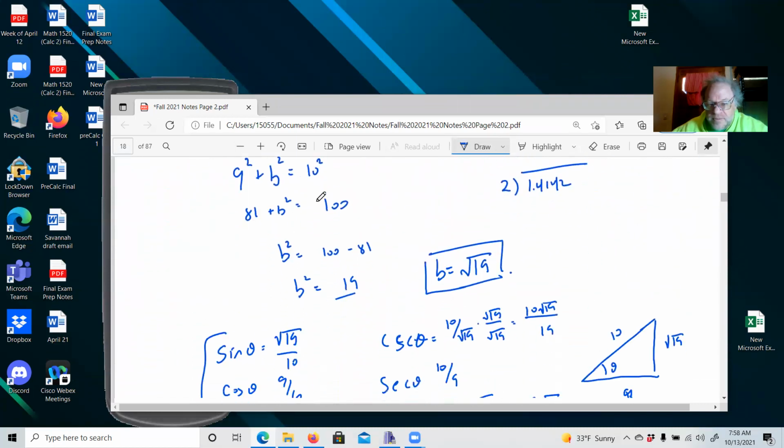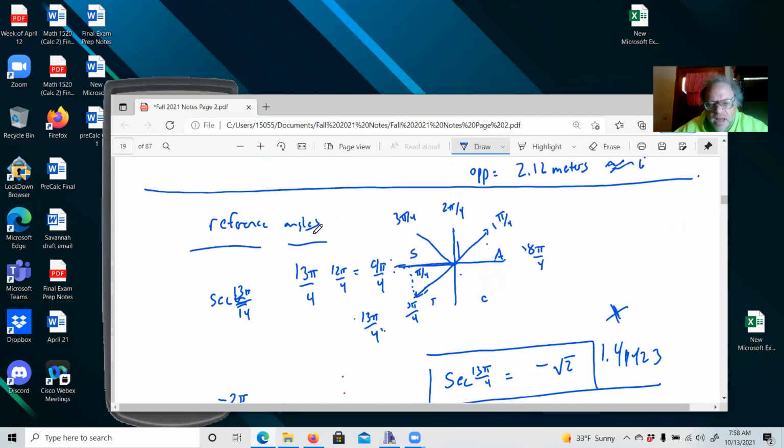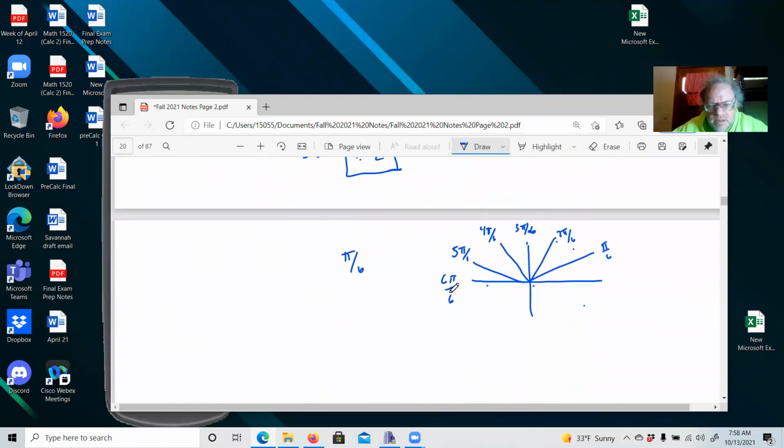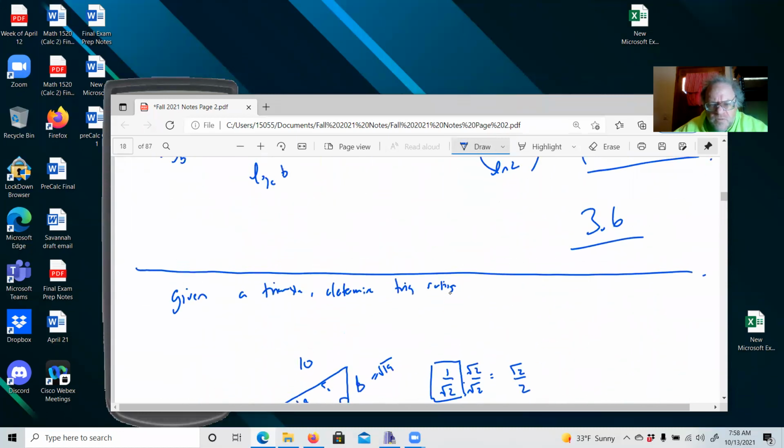So this was a 4.3 problem. I think this was a 4.2 problem. And I'm not sure if this was a 4.2 or 4.3. I don't think it was a 4.1.